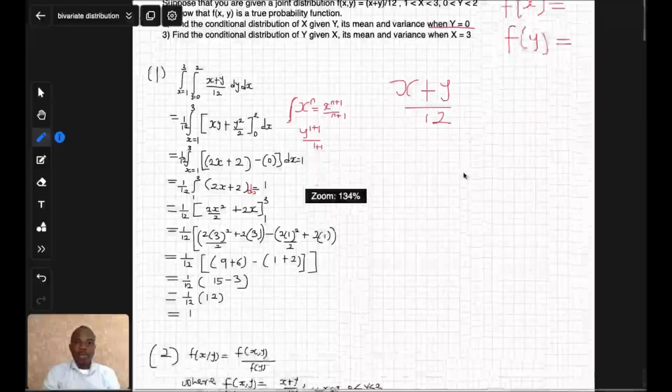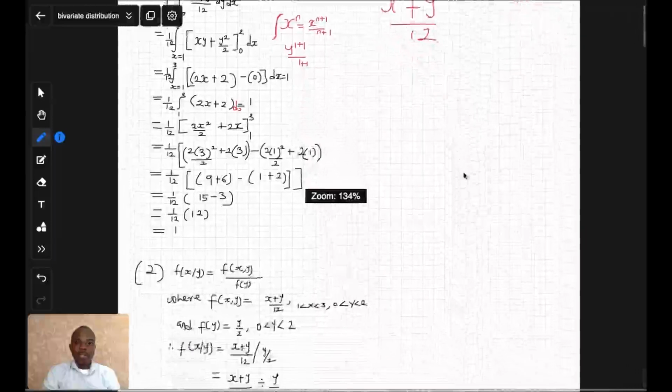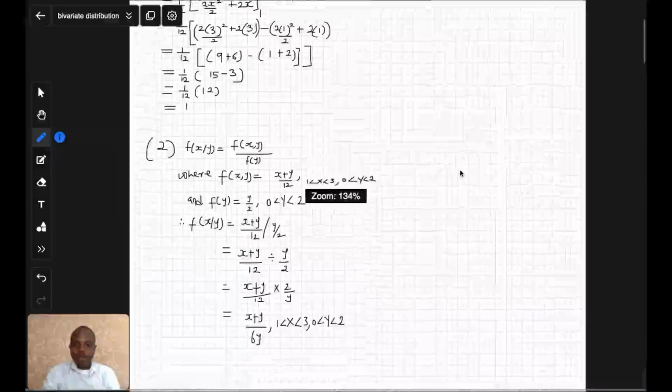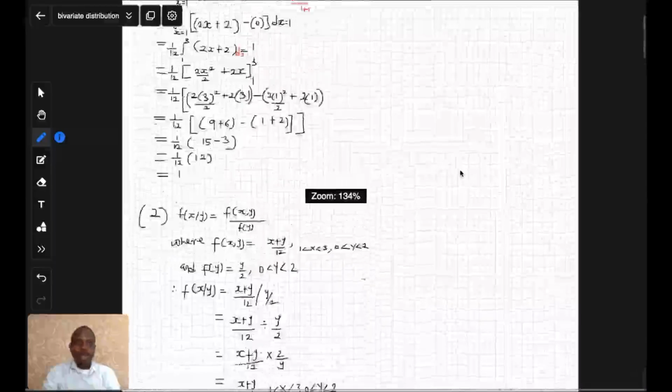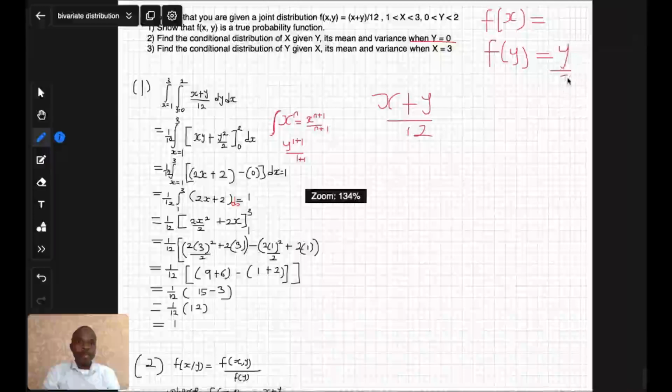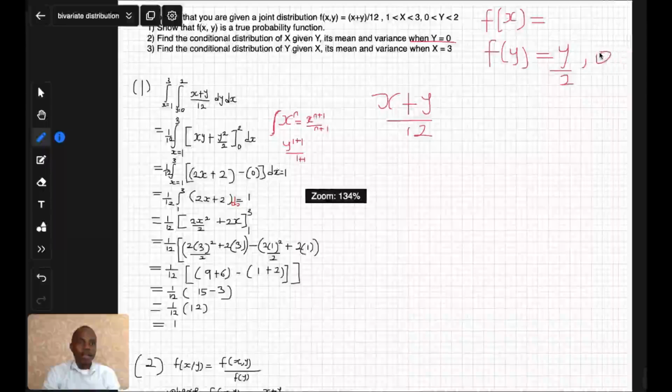Please, in case you were confused while I was solving that, where did this man get this from? I'm sorry, I didn't write that earlier. Actually, f of y is equal to y over 2. That's part of the question, please. Take note of that. It should have been written.